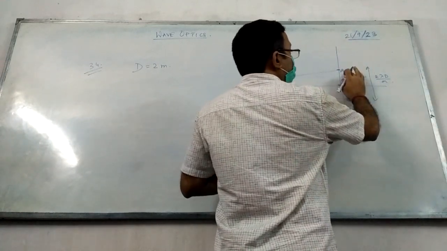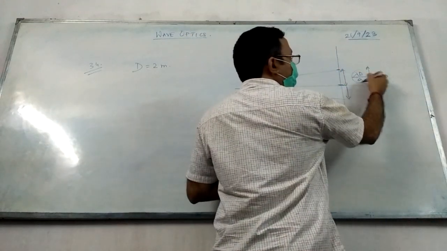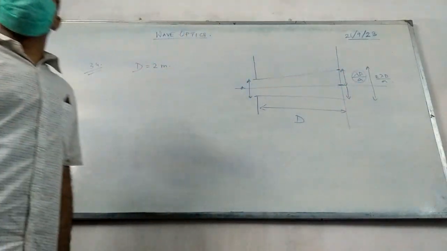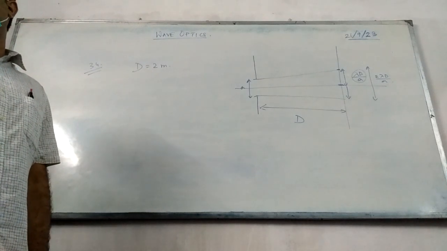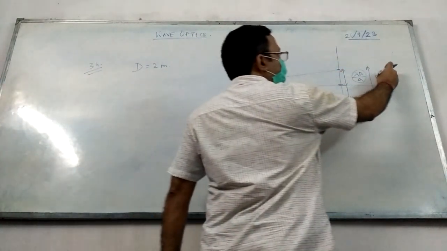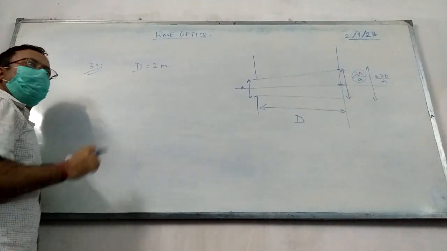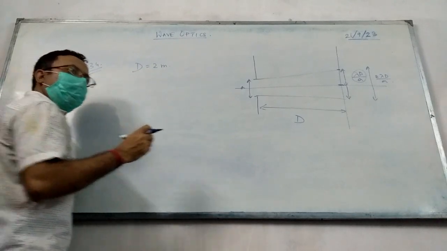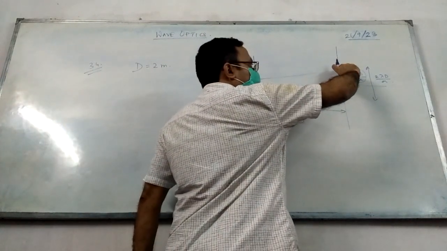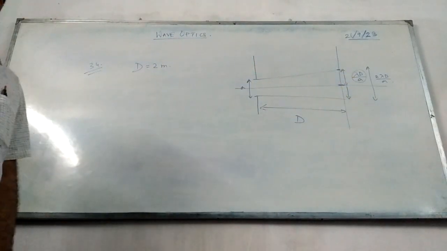Now they are asking to find the value of a. This distance is already known to us, lambda D by a. If you don't remember this distance but you remember the formula for the central bright band, which is 2 lambda D by a, then you can also use that formula. It is 5 millimeter into 2, because it is 5 millimeter on one side only, so the other side will also be 5 millimeter.